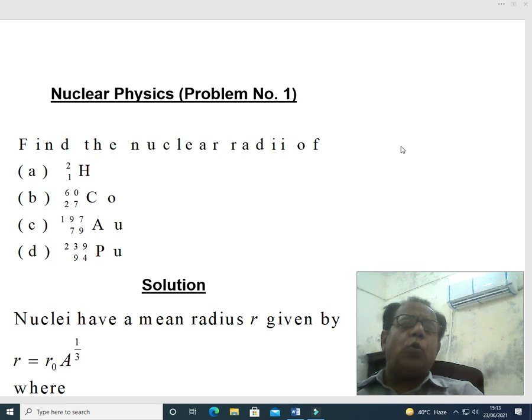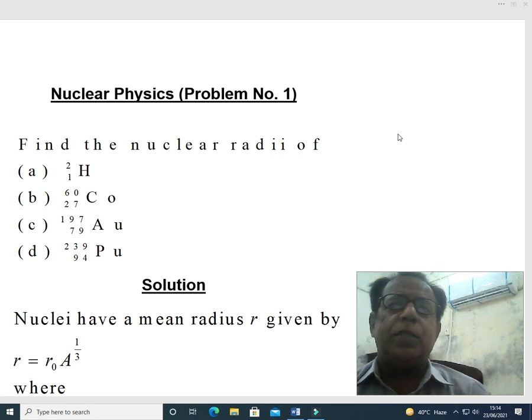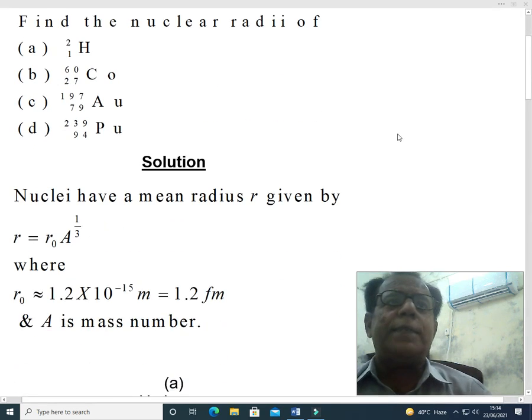Hydrogen, cobalt, gold, plutonium. What we have to do? We have to find the nuclear radii of these four elements. So now let us come towards its solution.